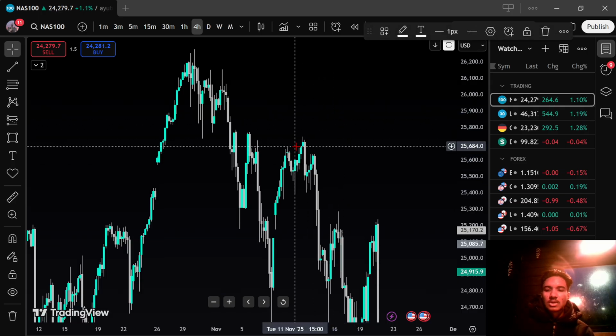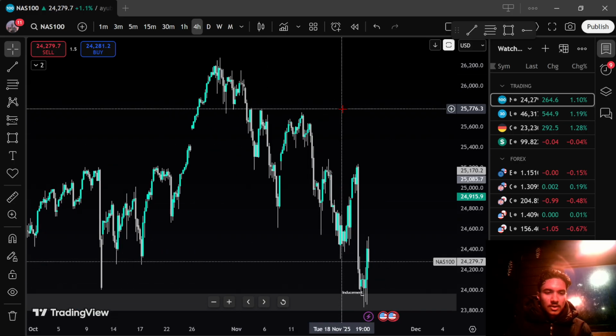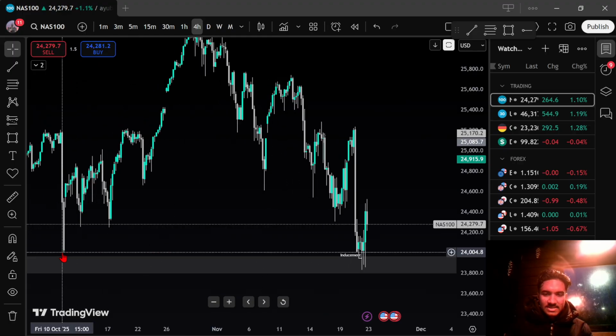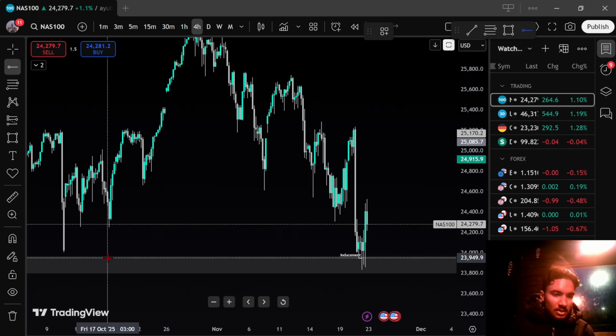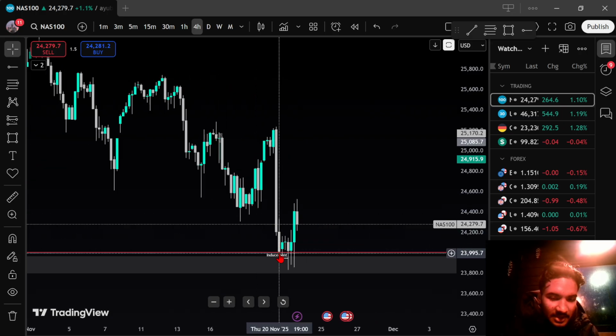Let me just quickly show you what displacement is and what a liquidity sweep is. A liquidity sweep is literally when price wicks it. Wait, let me just put my thing here. So, price comes to the level, it doesn't break below it. It can body close over it, that's fine.